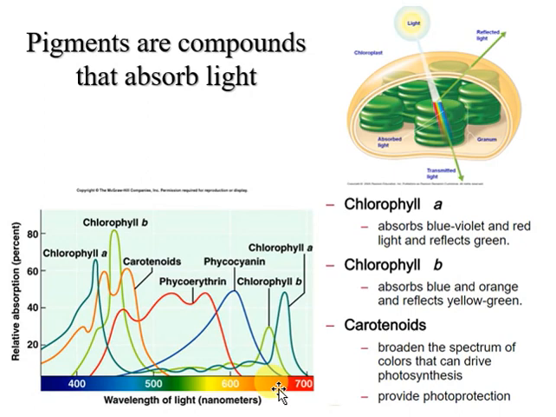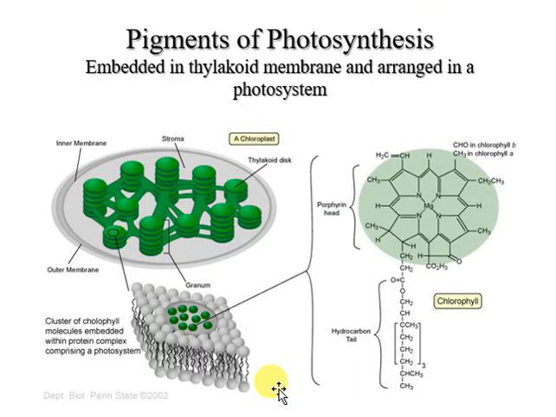Now it has a slight structural difference from chlorophyll A. The porphyrin head of your chlorophyll A pigment will have a CH3 group here, whereas in chlorophyll B you'll have a carbon with a hydroxyl group.